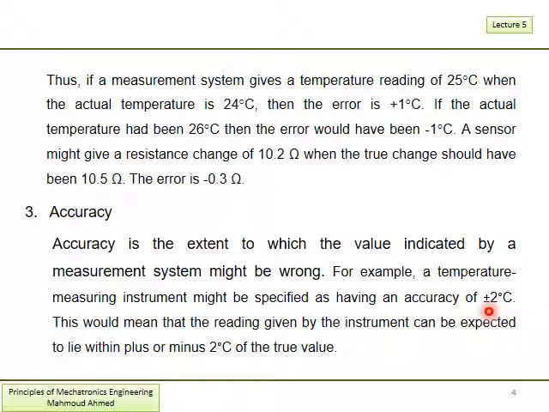What does that mean? This plus minus 2 Celsius means that the reading given by the instrument can be expected to be within plus or minus 2 Celsius of the true value. This is what can be used in order to describe the accuracy.